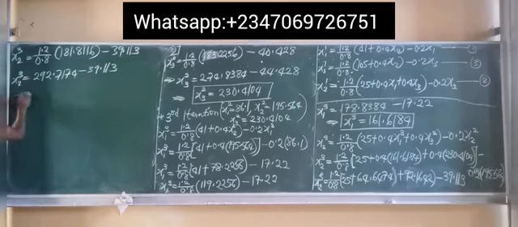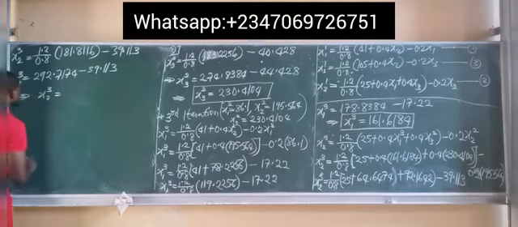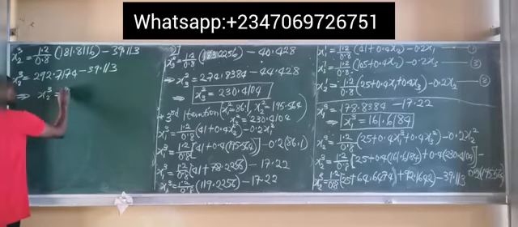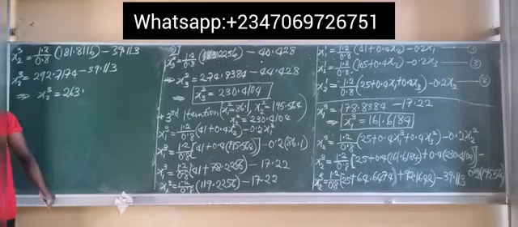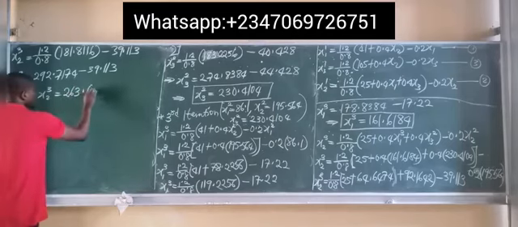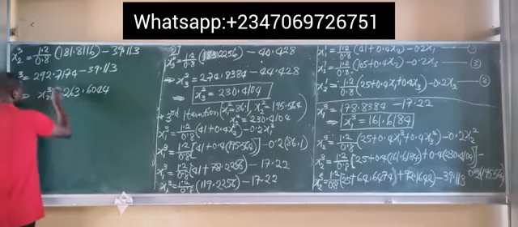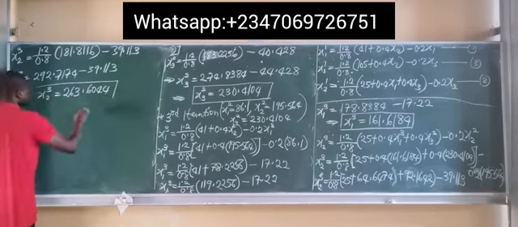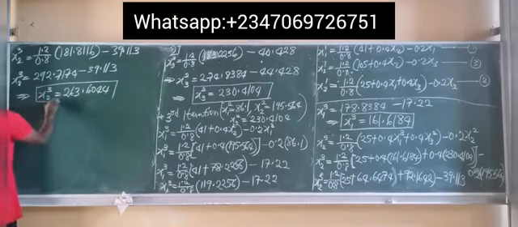So this simply implies that the third iteration for variable x2 is now equal to 292.7174 minus 39.113. That gives us 263.6044. All right, so this becomes the value of the third iteration for the second variable.